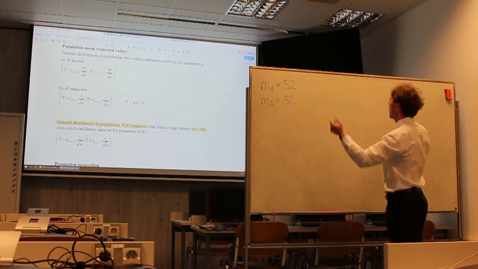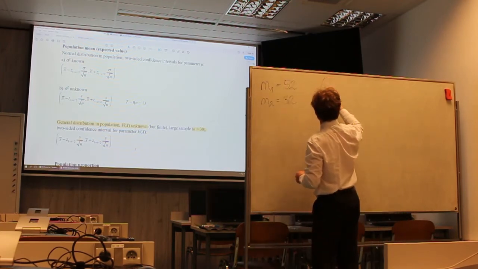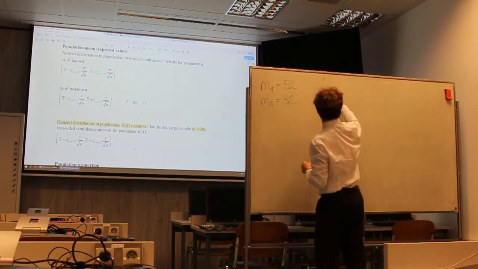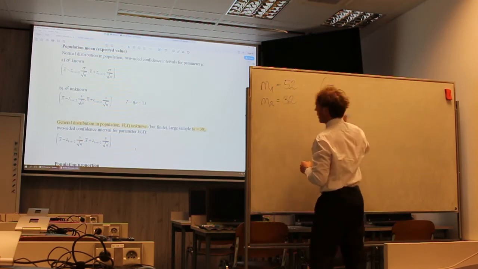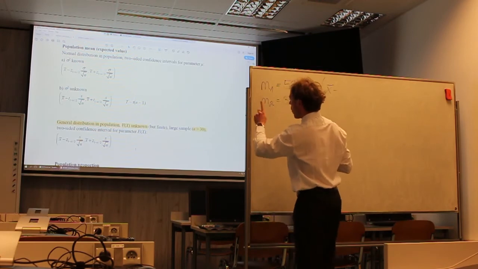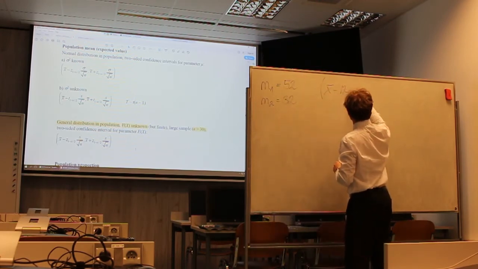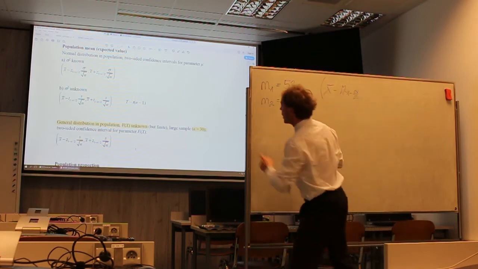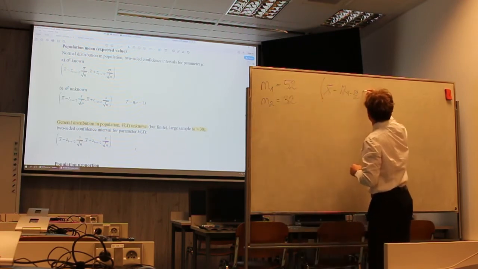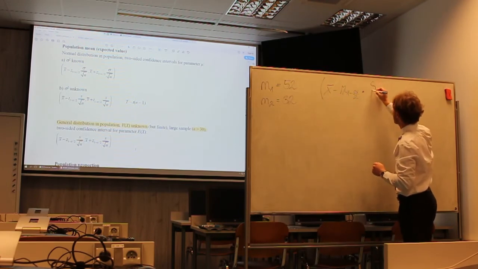We will use the general distribution EX, so the left side of this interval is X with stripe minus the quantile of the standard normal distribution Z1 minus alpha divided by 2, times the sample standard deviation, the standard deviation calculated from the sample, divided by the square root of n.